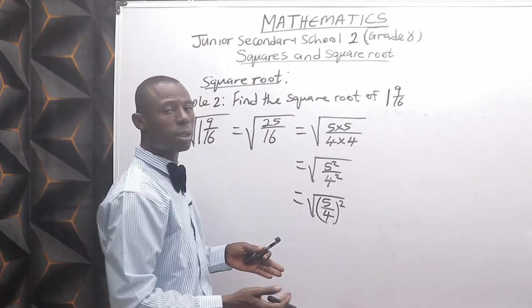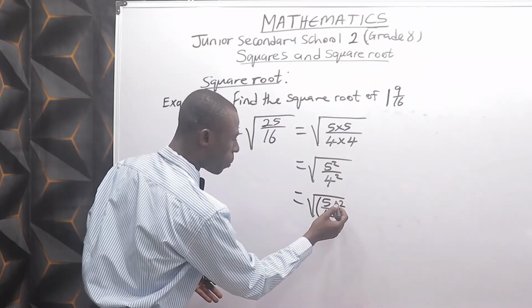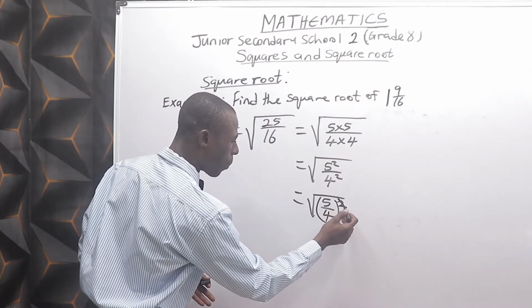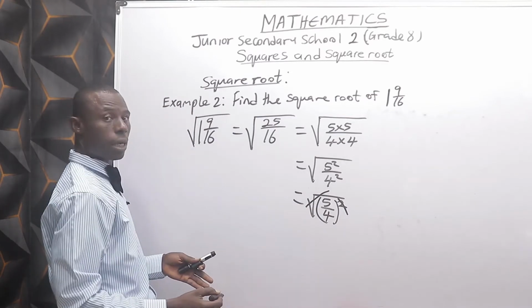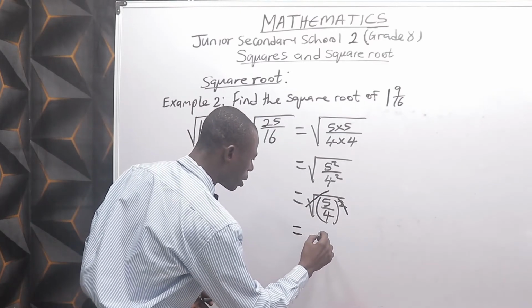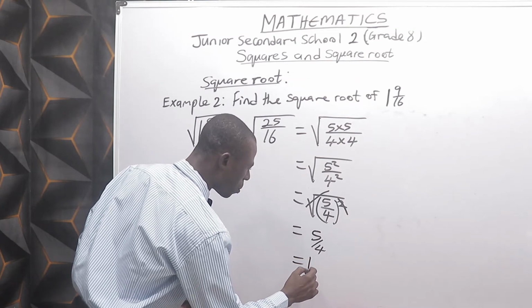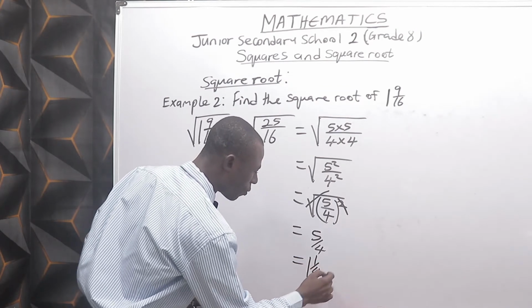So you put that power 2 once on the bracket of them. So this power 2 is capable of cancelling the square root sign, and the result is 5 over 4, which is one whole number 1 over 4, and that is it.